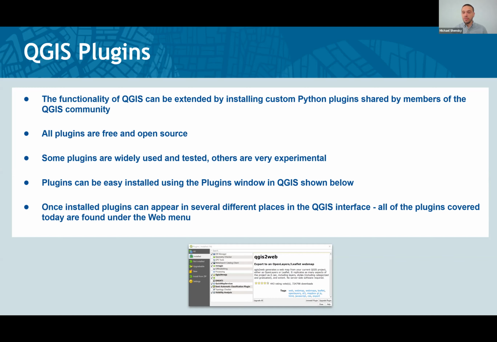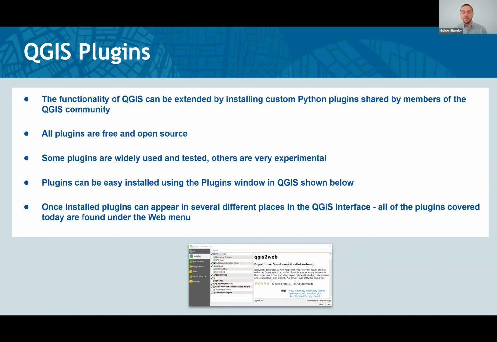So I want to give a quick overview of how plugins work in the QGIS environment. If you've ever installed a browser plugin in Chrome or Firefox, it's kind of a similar setup where QGIS itself is free and open source, which means it is extensible. So, technically, if you were using QGIS pretty frequently and you figured out there was something that you really wish it could do, but it doesn't do by default, technically you could use Python to write an extension for the QGIS application, and you could even package that up and share it with the community if you thought it would be generally useful to a wider audience.